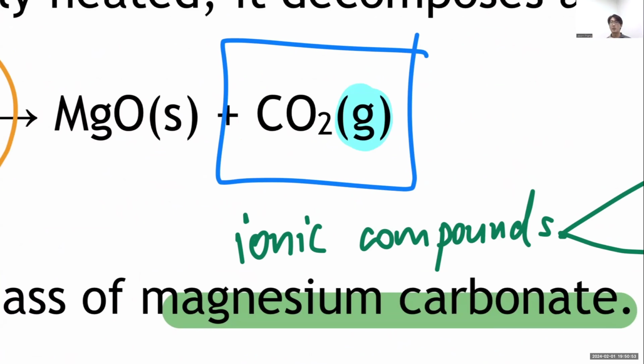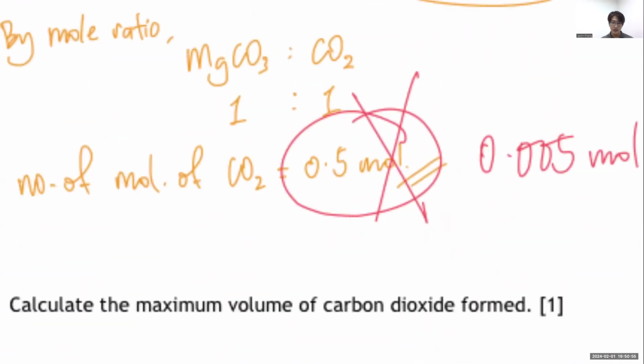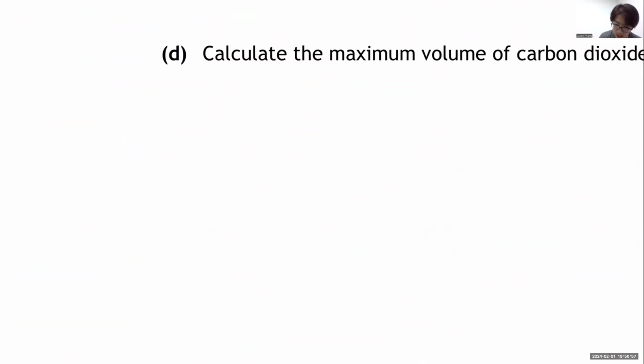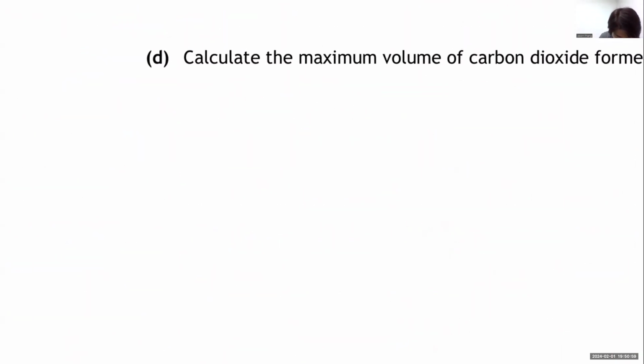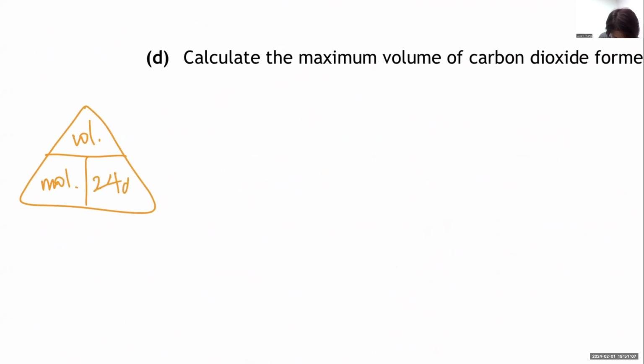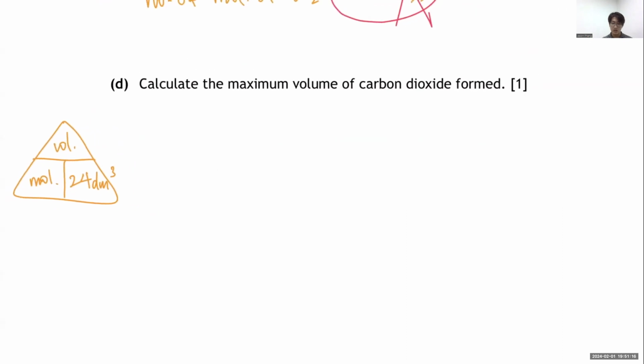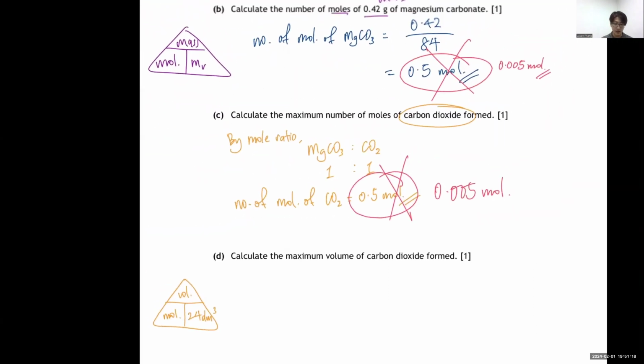When you want to find the volume of a gas, the triangle that we need to be using here is different.